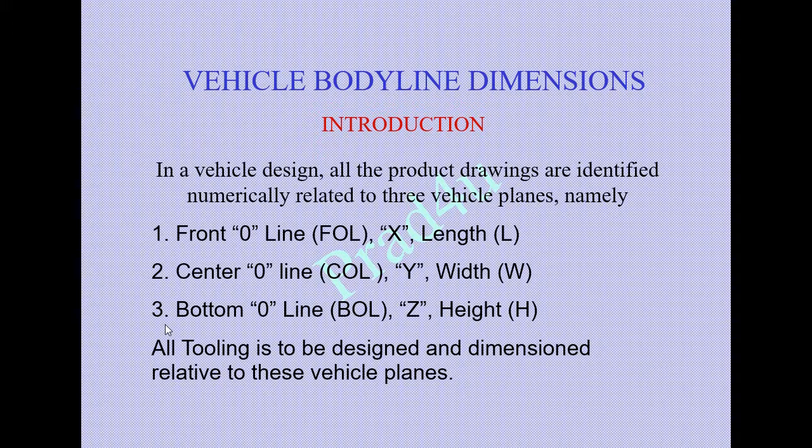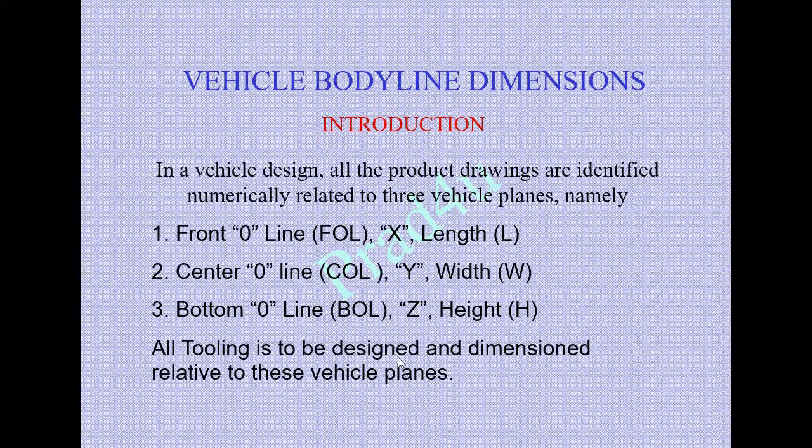Number 3, the bottom O line, BOL, represents the Z direction and indicates the height H of that vehicle. These are the three basic dimensions of a vehicle.